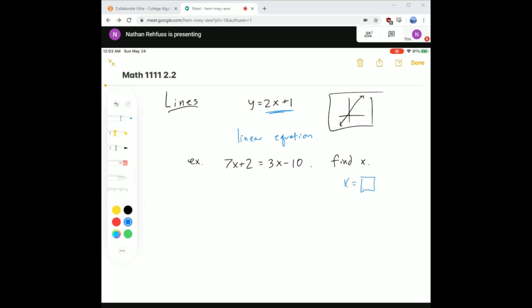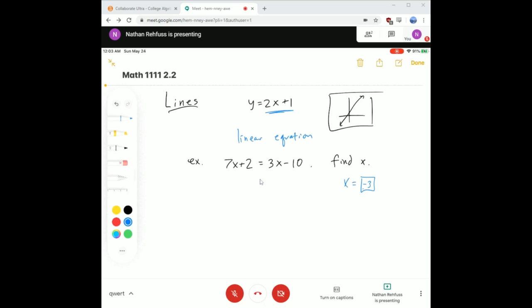In fact, it's going to be -3, because 7 times -3 is -21, plus 2 is -19, and 3 times -3 is -9, minus 10 is -19. So if I plug in -3, both sides are -19, and that's the only value of x that makes this equation true. But how did I find that?